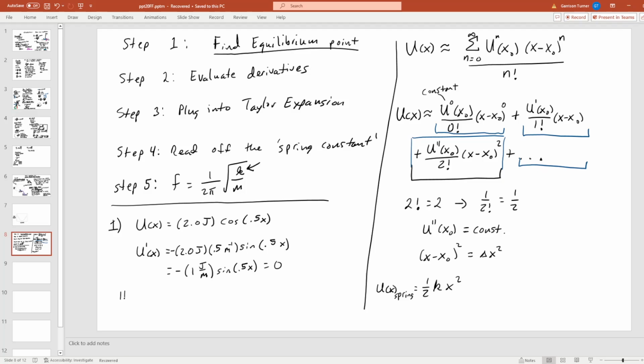Let's put it this way: sine of y equals 0 when y equals 0, plus or minus pi, plus or minus 2 pi, plus or minus n pi, where n is an integer. Okay?